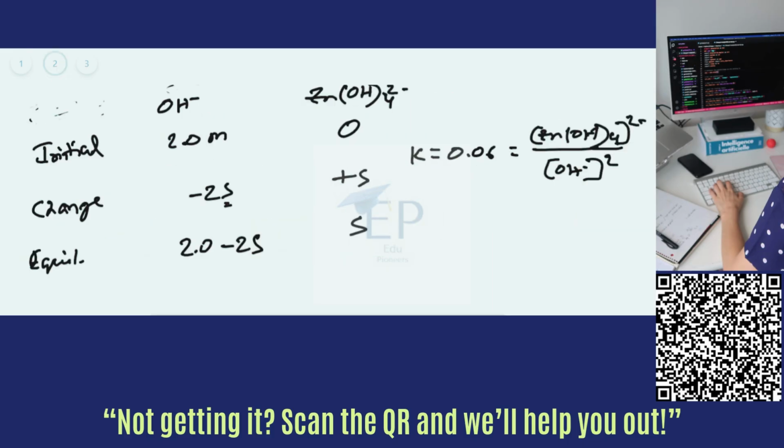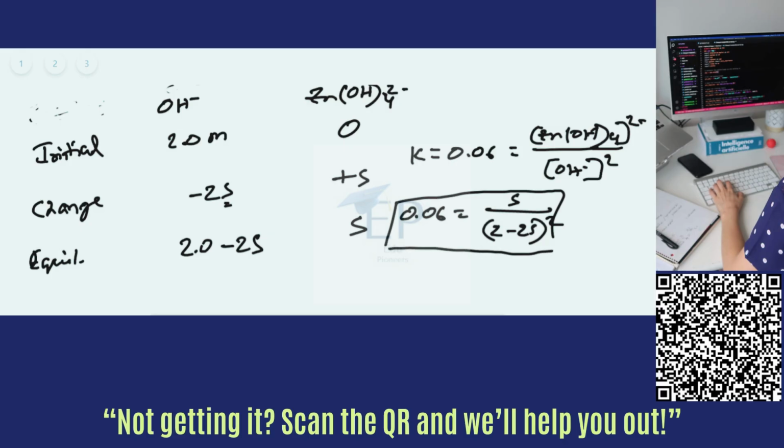So now if we just put the values in the equation, it's equal to S, which is the equilibrium concentration for Zn(OH)4 2 minus, and for hydroxide ion we have 2 minus 2S, square. Now solving this equation, we'll have two values of S, which is our molar solubility, which we are trying to calculate here.